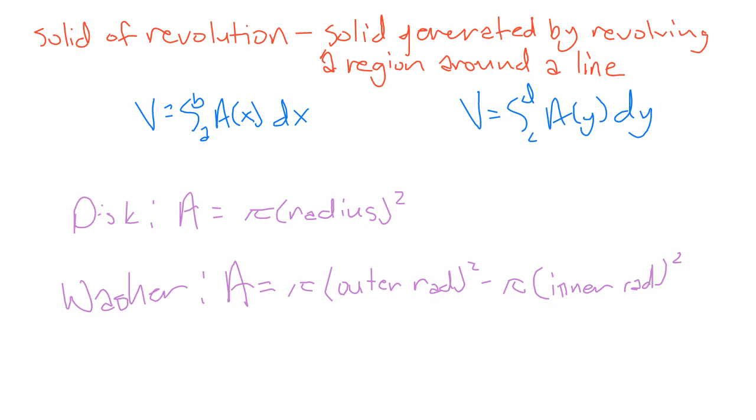Or if we want to combine that, we can also think of this as being pi times our outer radius squared minus our inner radius squared, and just combine that into one.